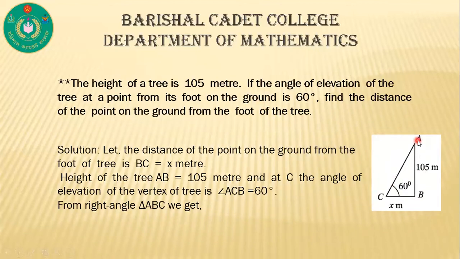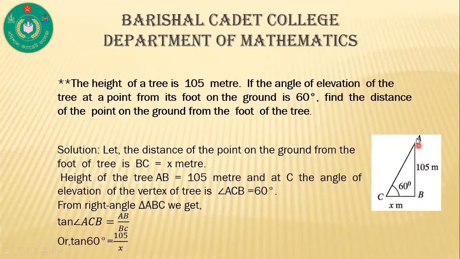From the right angle triangle ABC, we get tan angle ACB. We know tan theta is equal to perpendicular by base. Here, when you consider this angle, the perpendicular is AB and the base is BC. So we can write tan angle ACB is equal to AB by BC.